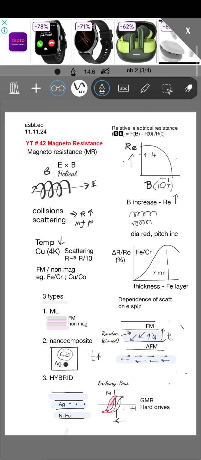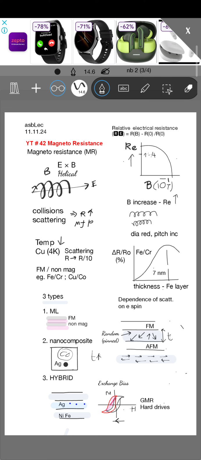So from the plot you can see that the resistance actually goes down with magnetic field. Now this is mainly because an increase in magnetic field means we are confining the helical paths.